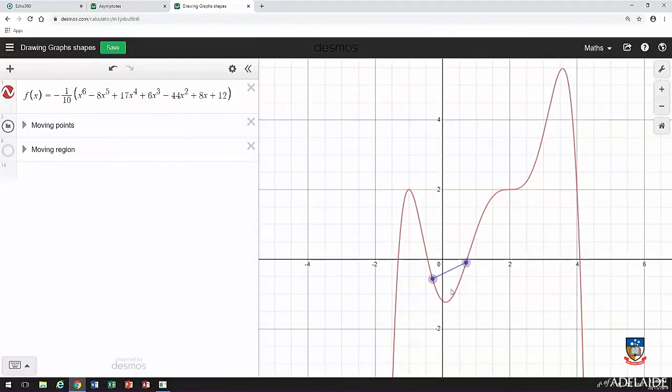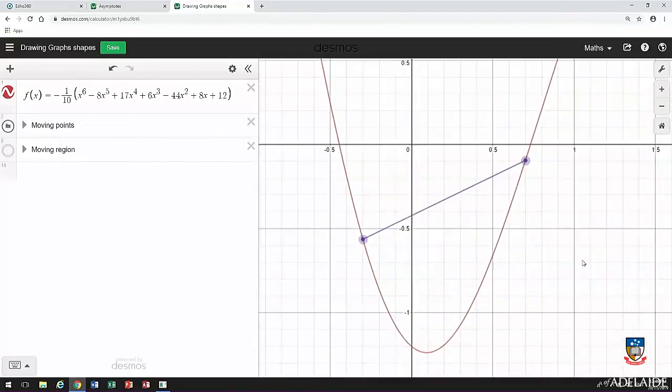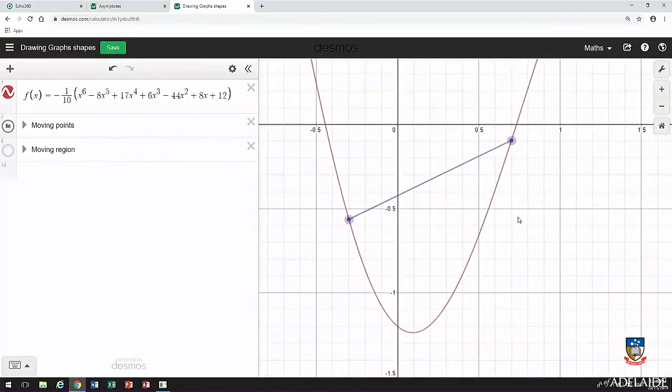So let's just zoom in on this bit that's concave up and think about what this means. No matter where I move this line in this concave up zone, it's always above the graph. And that's going to provide our definition of concave up. It's a really convenient definition because it matches with the line segment that I use for increasing and decreasing.